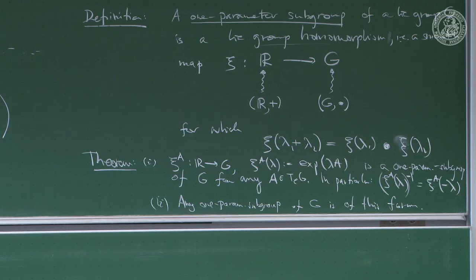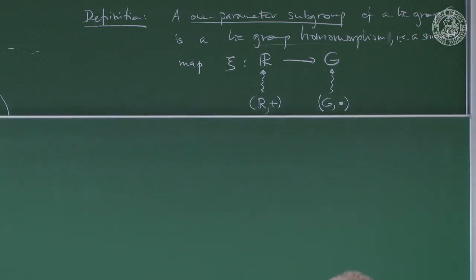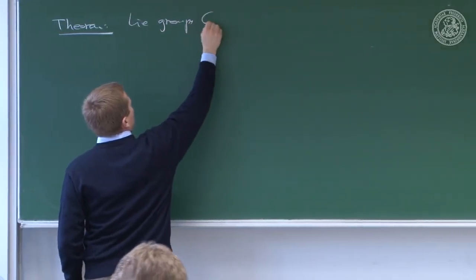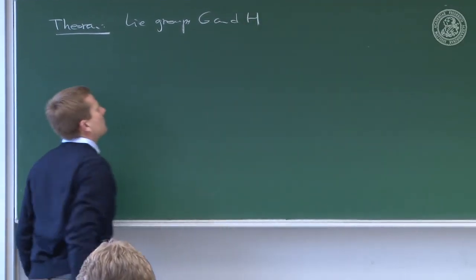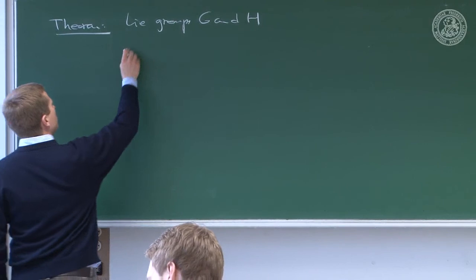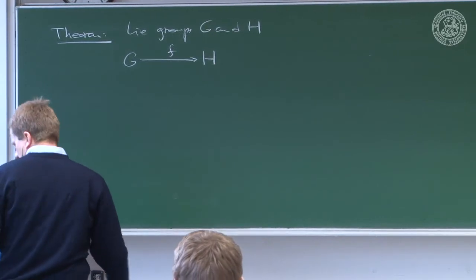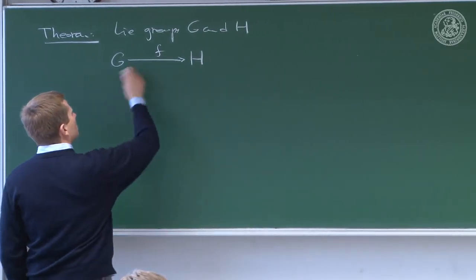Questions here? Okay. So then we conclude with a theorem. It's one of the theorems like one would expect it. So let's say you have two Lie groups, G and H, and you have a smooth map F from G to H, which is a group homomorphism.